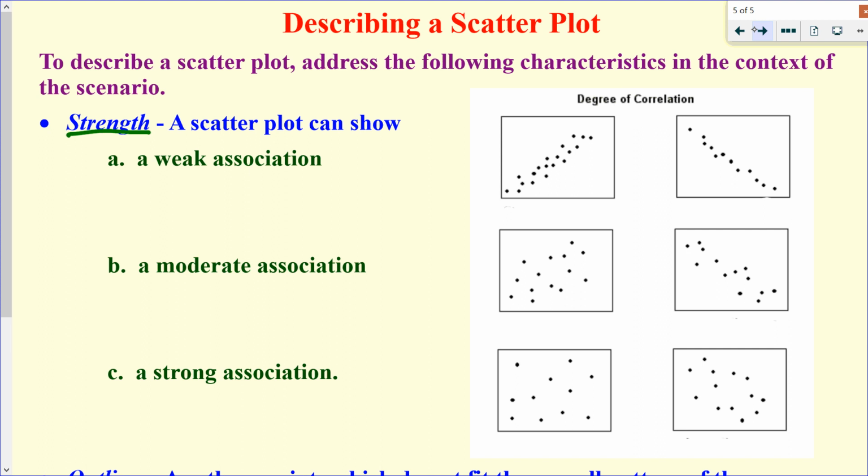And moving on, the strength. Strength deals with how close the points are to the shape we just talked about. How close are those points to the shape that you're seeing? Okay, weak association, the shape is there.